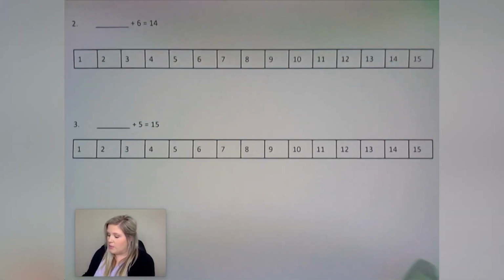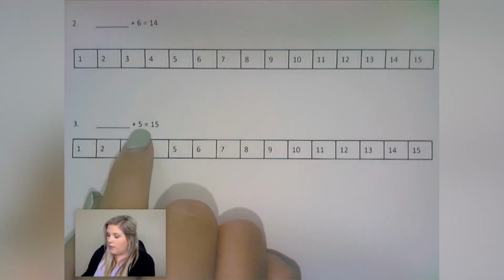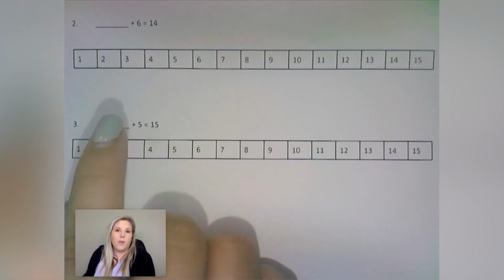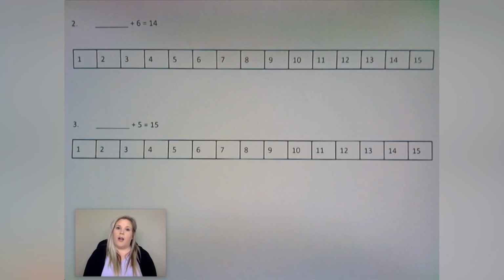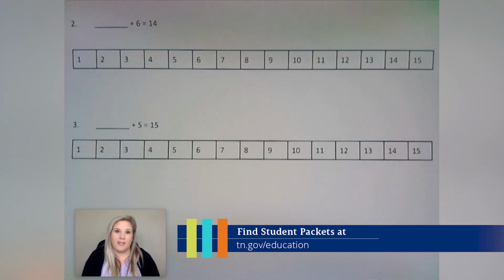And then the last one, some number plus 5 equals 15. Remember that you have a choice about whether or not you count on or count back. So you make the choice about what's the best fit for you and see if you can find the correct answer.